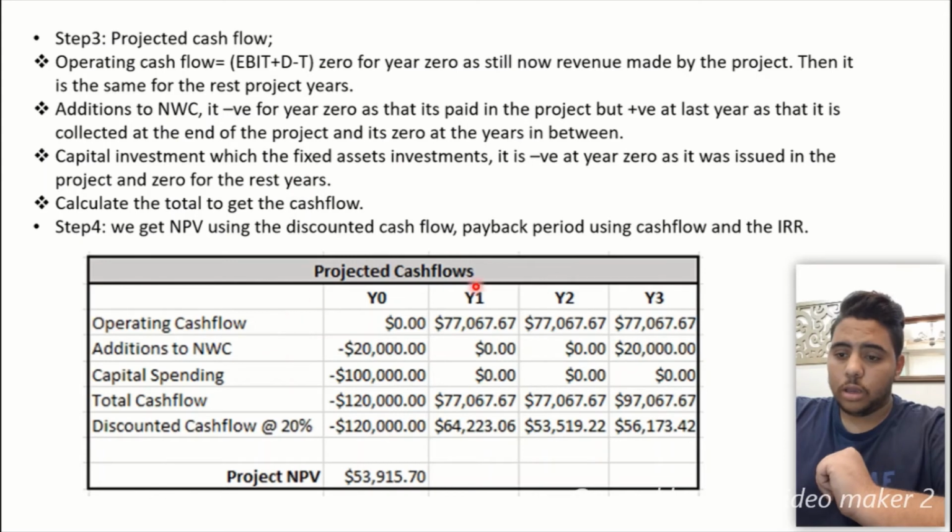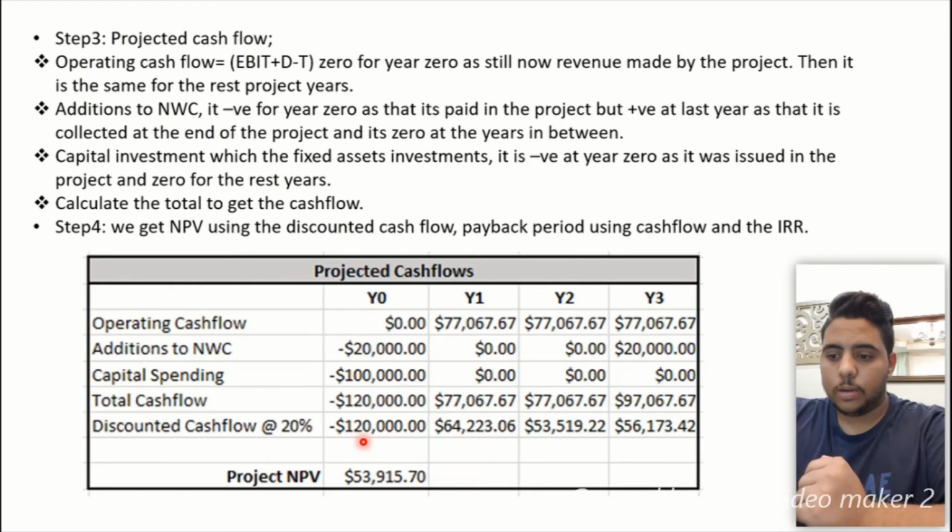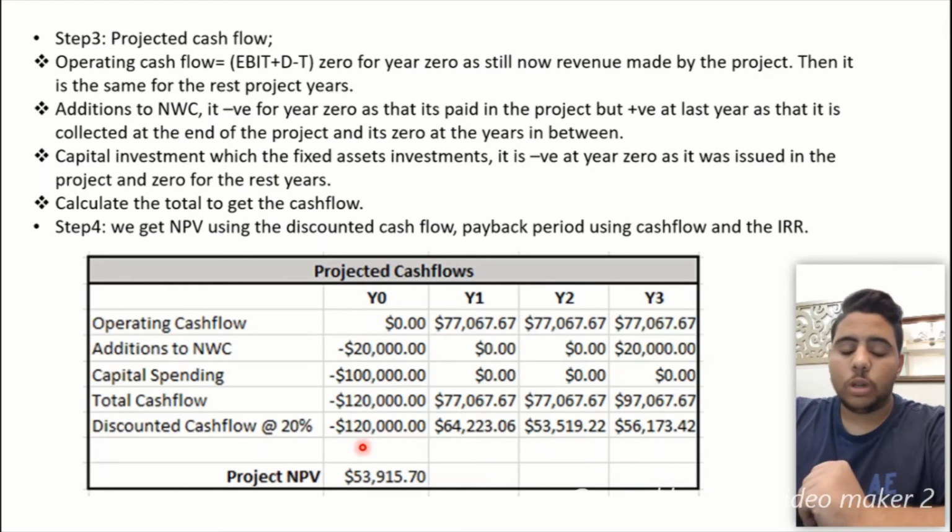After calculating everything, we get the total to get the cash flow. We use the cash flow to get the present value, which we will use to get the NPV. Then we will do the same as we said in part 1.